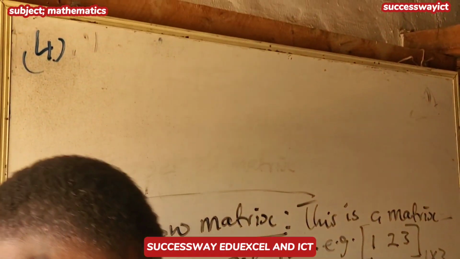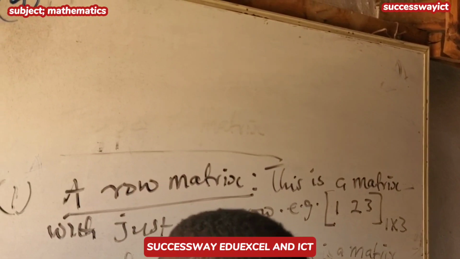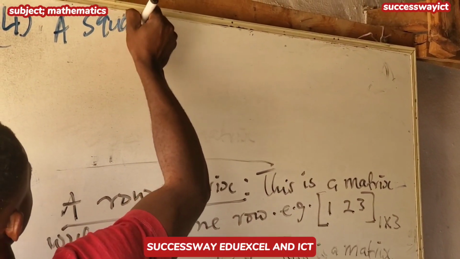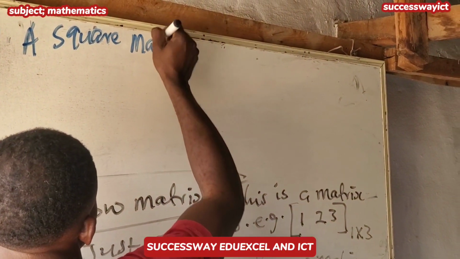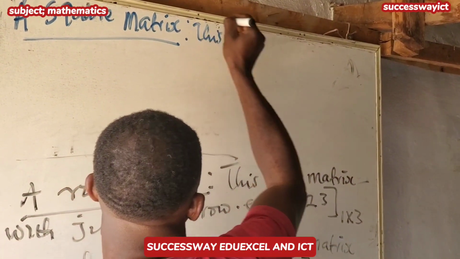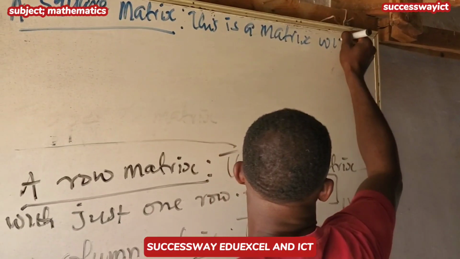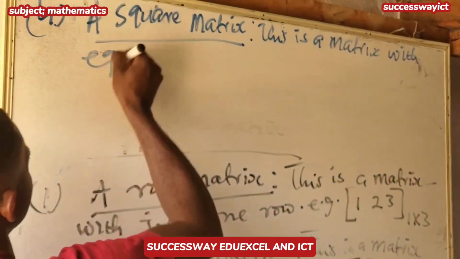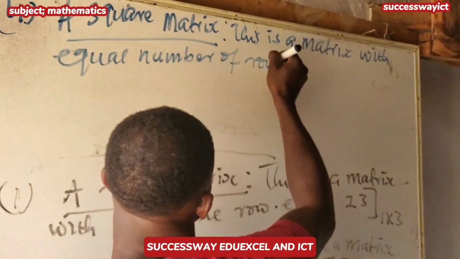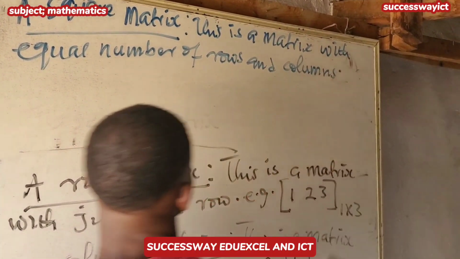Number 4. It's a matrix with equal number of rows and columns.